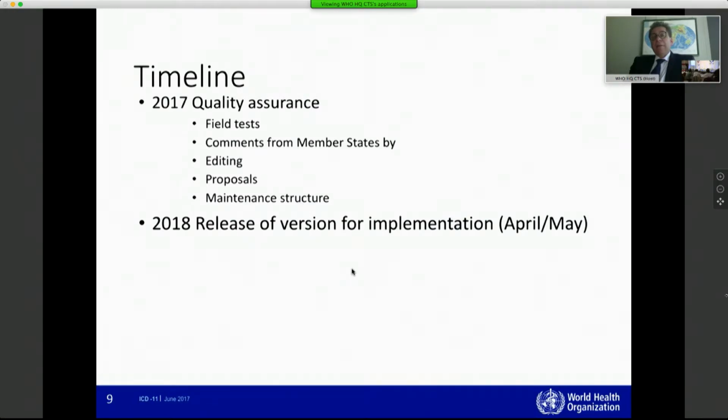Here are the timelines, and I think you have heard this from the previous presentation also. The timelines do not last forever. So here in this year, we are doing quality assurance at different levels, and we have a release version that we want to release in April, May.